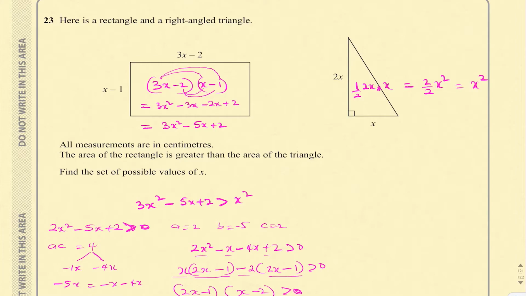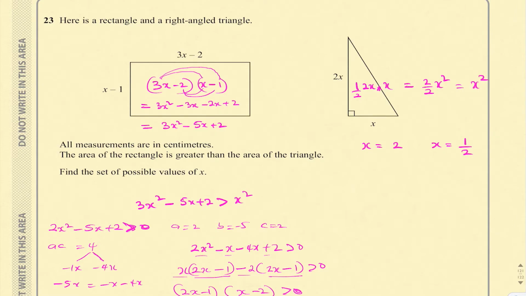So to be honest, I know that x will be equal to 2 and x will be equal to 1 over 2, because I set the two factors to 0. So x equals 2 by adding 2 to both sides, and x equals a half by adding 1 to both sides and dividing both sides by 2.